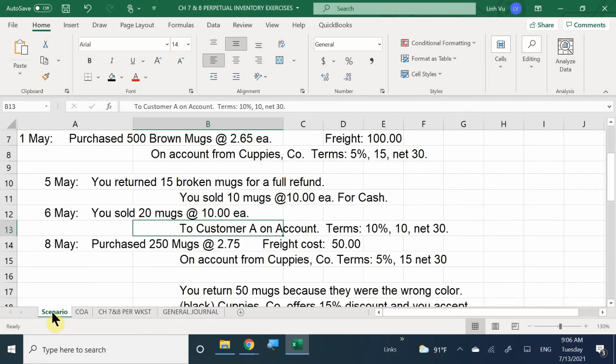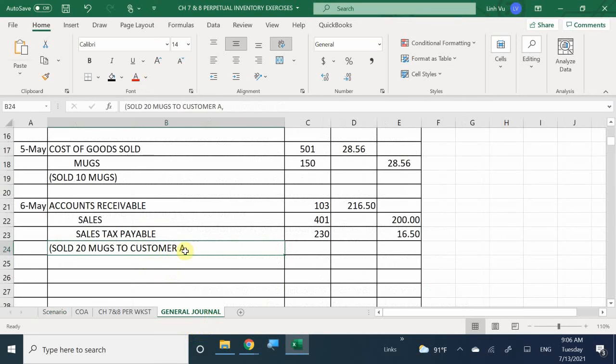Yes, it's 10%, 10 days. If not, the whole bill is due in 30. So customer A has terms 10%, 10, net 30. That should be good enough.